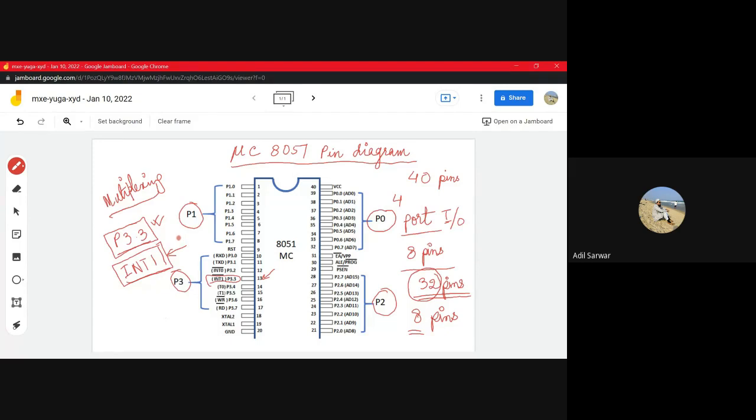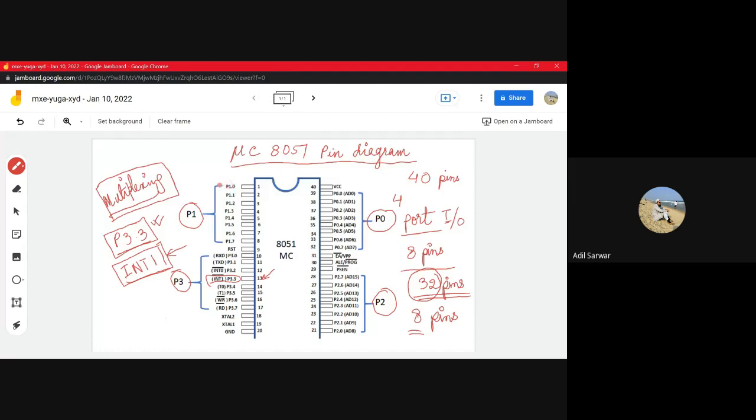It will act as an IO port or as an interrupt pin depending on the programming, what you program them to do. So multiplexing refers to a condition in which a single pin is used for more than one application. It could be 2 or even 3.